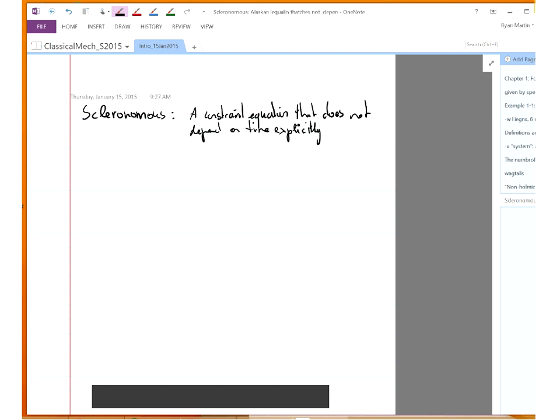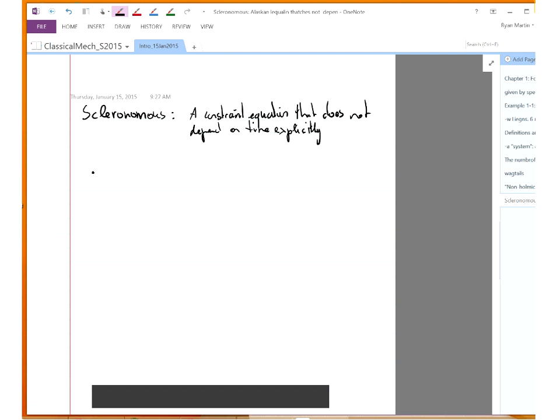So if you do ∂/∂t of the constraint equation, you'll get 0. But remember, if you do d/dt of the constraint equation, you're not going to get 0, right? Because dx/dt is not 0. So it's something you have to be a little bit careful about. This will come up a lot, and it'll be second nature to you when we talk about explicit and implicit time dependence. So this is the first time it comes up.